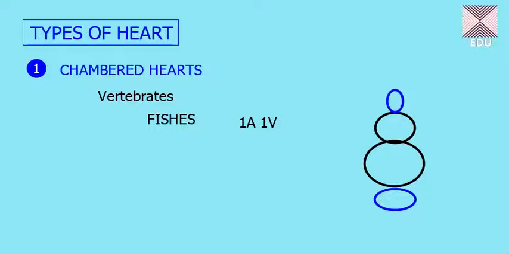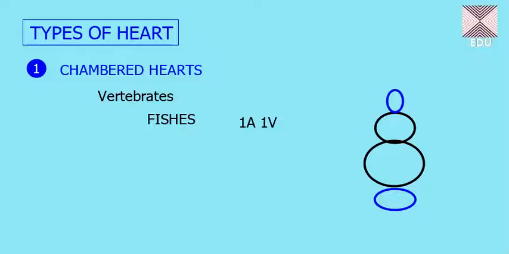These are the two accessory chambers. So this is the auricle, this is the ventricle, this is the sinus venosus, which is an accessory chamber, and here we have a conus arteriosus. The major two chambers are the auricle and the ventricle.